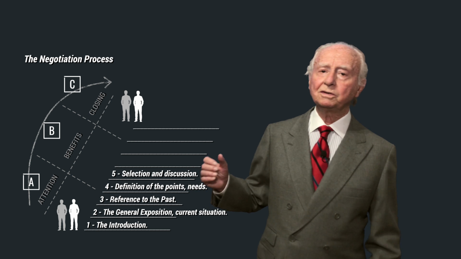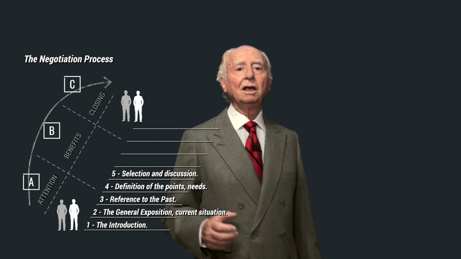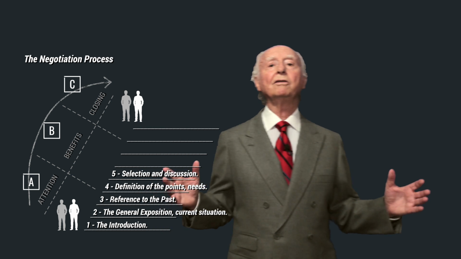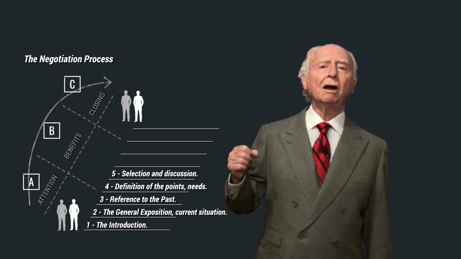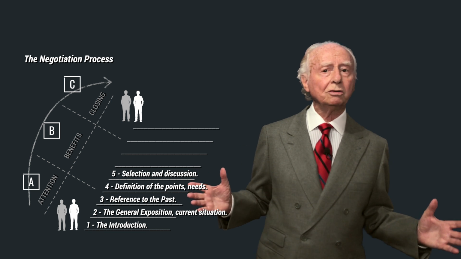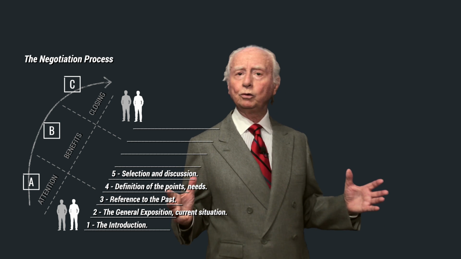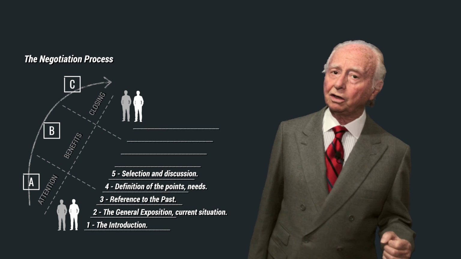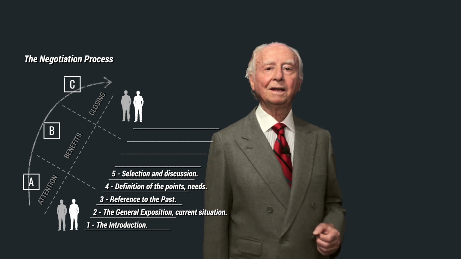Stage 5, selection and discussion of points. Here the conflicting points are discussed, not falling into the trap of fixing our attention on the positions, but on the real interests of both parties. That is to say, yes to the interests and no to the positions.